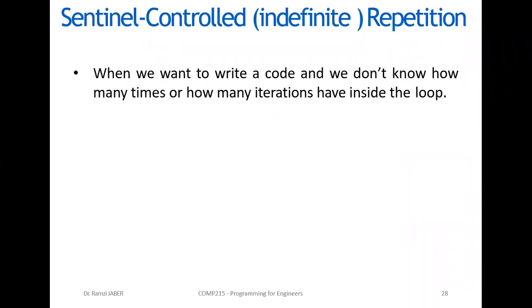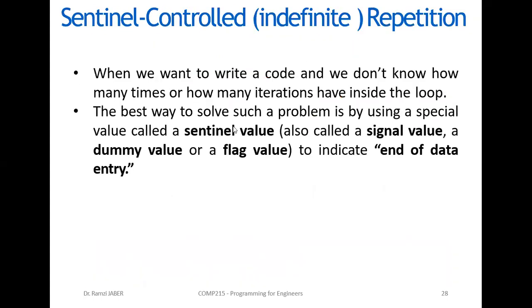Sentinel controlled repetition. When we want to write code and we don't know how many iterations there will be inside the loop, we don't have a maximum number of loops; it's customized and depends on each function or object. The best way to solve that problem is by using a special value called a sentinel value, also called a signal value, dummy value, or flag value.